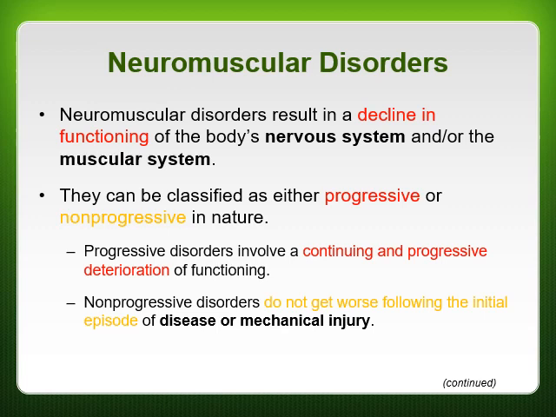Now, keep in mind that we're also talking about some disorders that are based in injury. So it might be an acute event, a mechanical injury that causes this decline in functioning of the nervous system. So that's why we're breaking this down into two parts. It'll make more sense to you when we talk about the etiology and how these disorders occur. There's a clear difference between the first half and the second half.